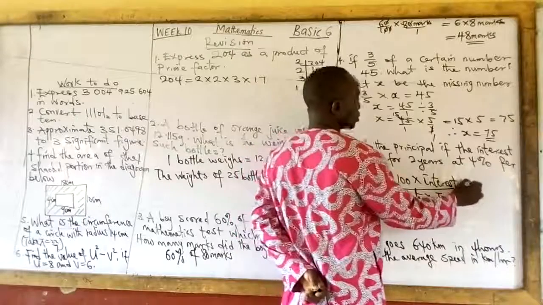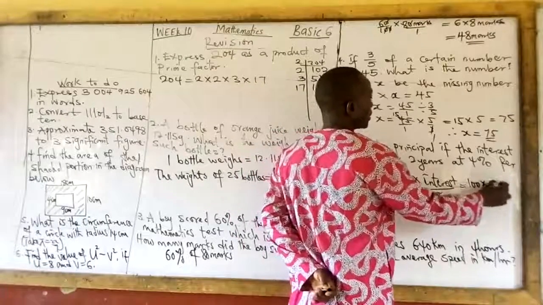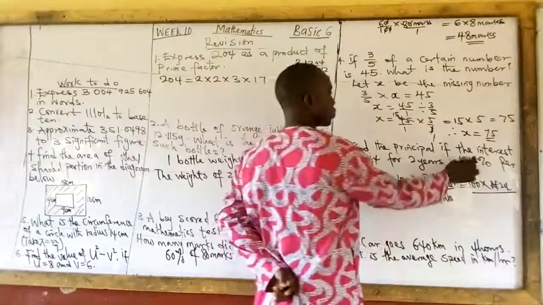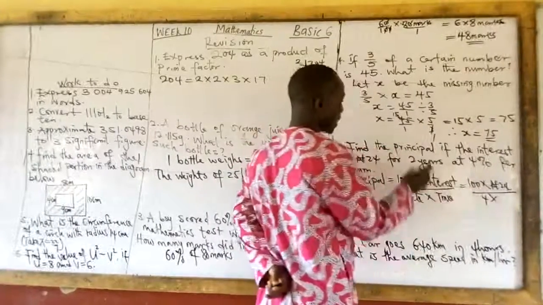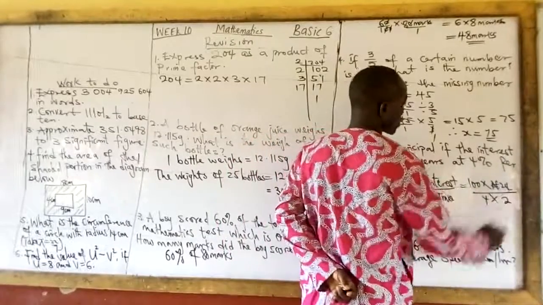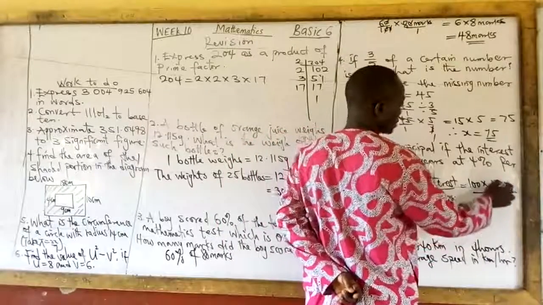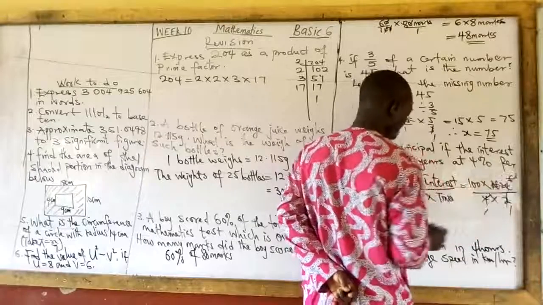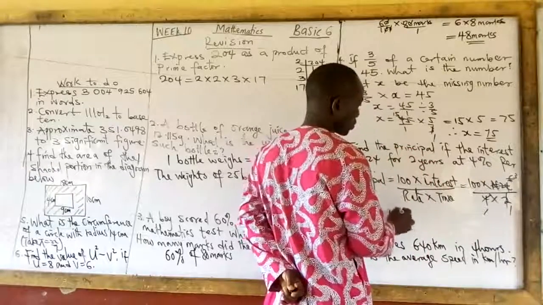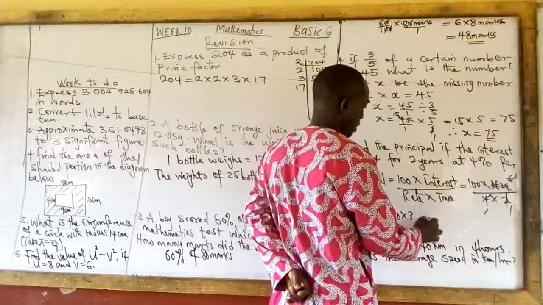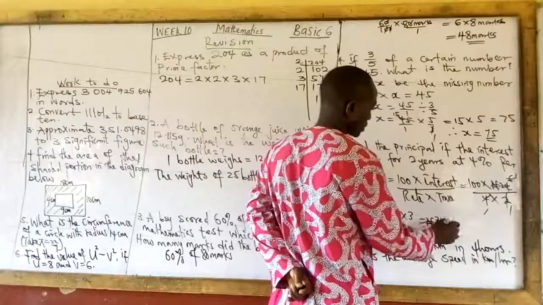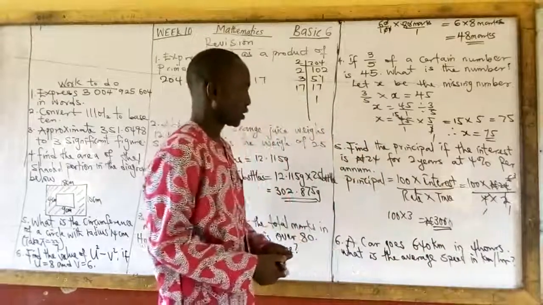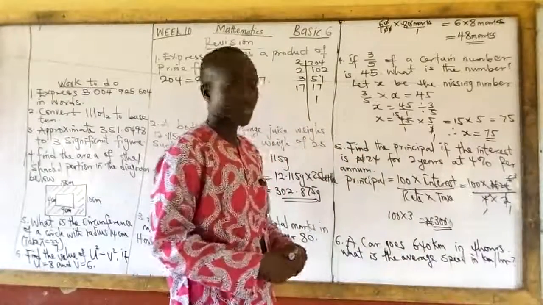This means 100 multiplied by interest, 24 naira. The percentage is the rate, which is 4, multiplied by 2, the time, 2 years. 4 into 24 will give us 6, 2 into 6, 3. What do we have left? 100 multiplied by 3. That is going to be 300 naira. Don't forget your formulas.